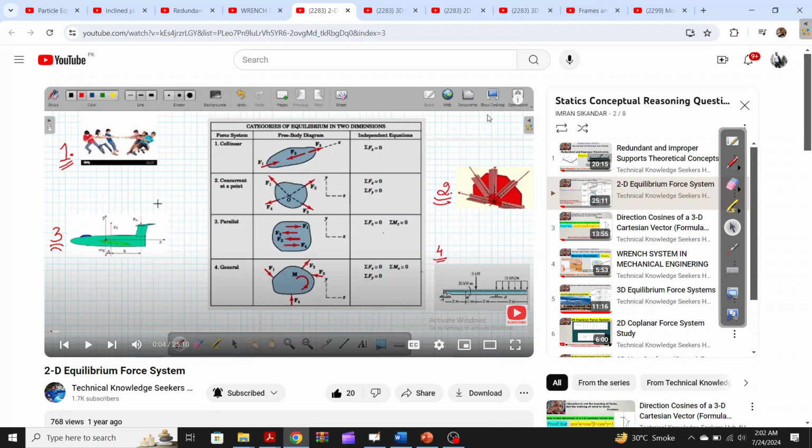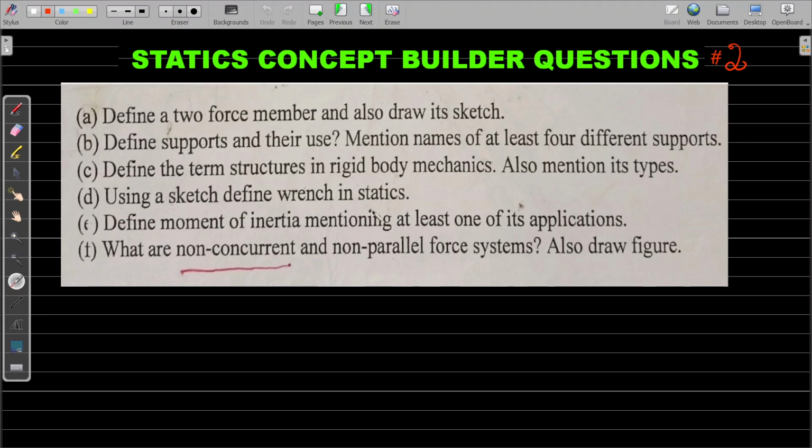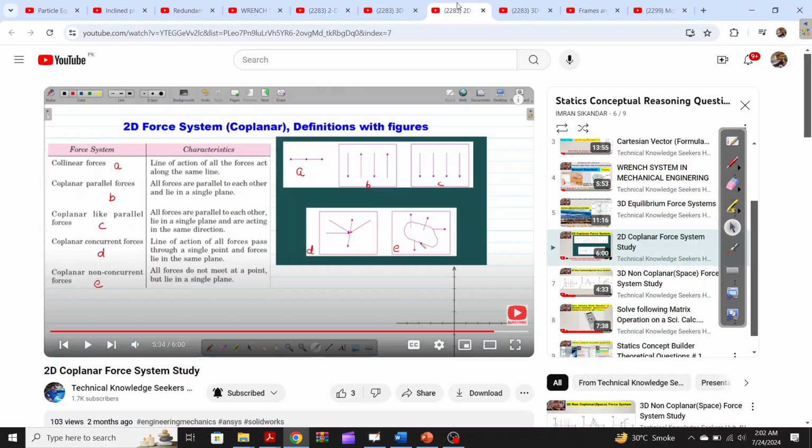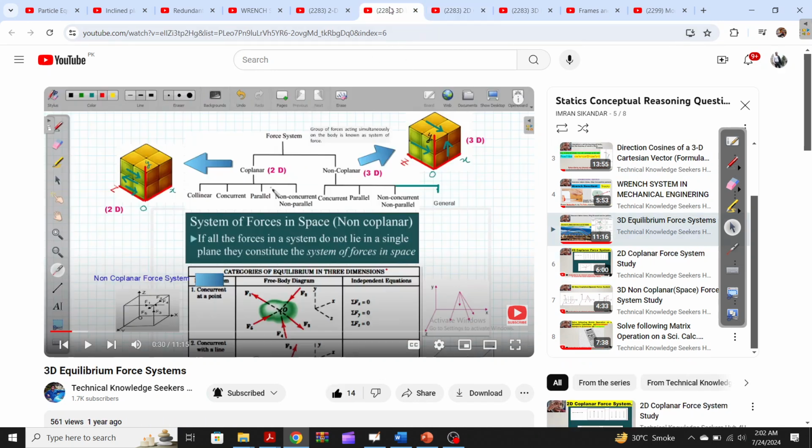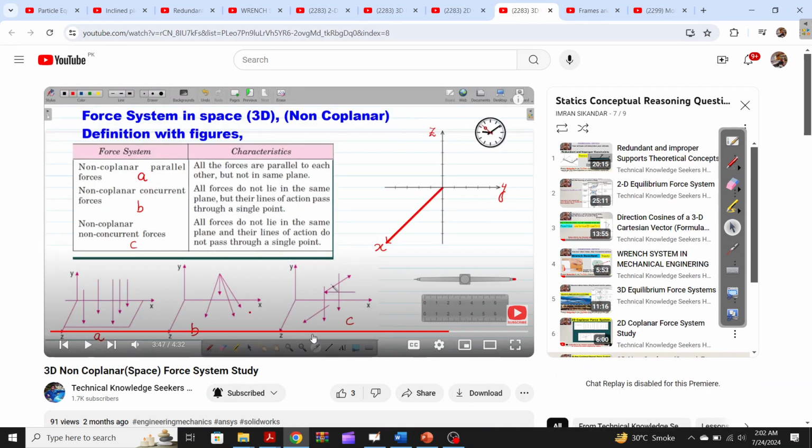Okay, so this is how you shall be solving this problem on what non-concurrent and non-parallel force systems are. Define them, and also draw their respective figures. Just draw the respective figures to get the solution.